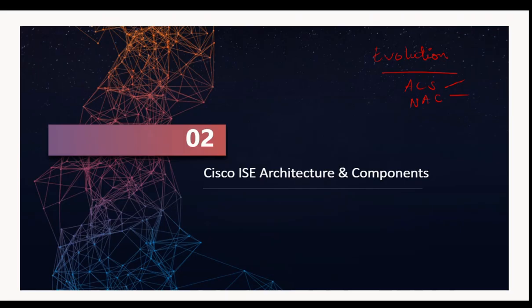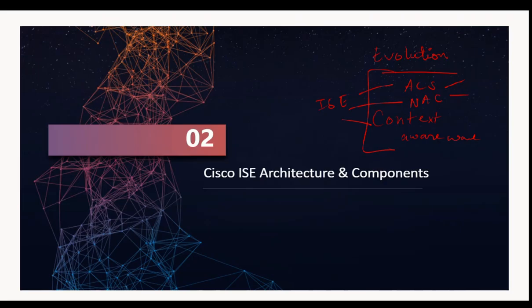ISE delivers a consolidated identity and access management platform. It combined the strong AAA functionalities of ACS and the device posture capabilities of NAC. ISE also introduced a new important capability called context awareness. So you can say that ISE is a combination of all the features from ACS, NAC, and additionally context awareness.